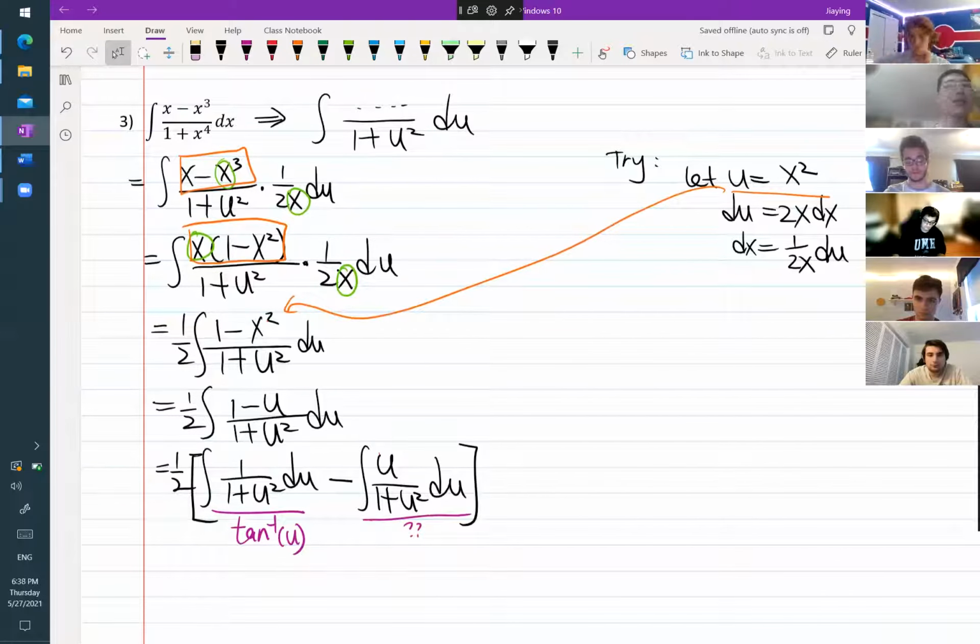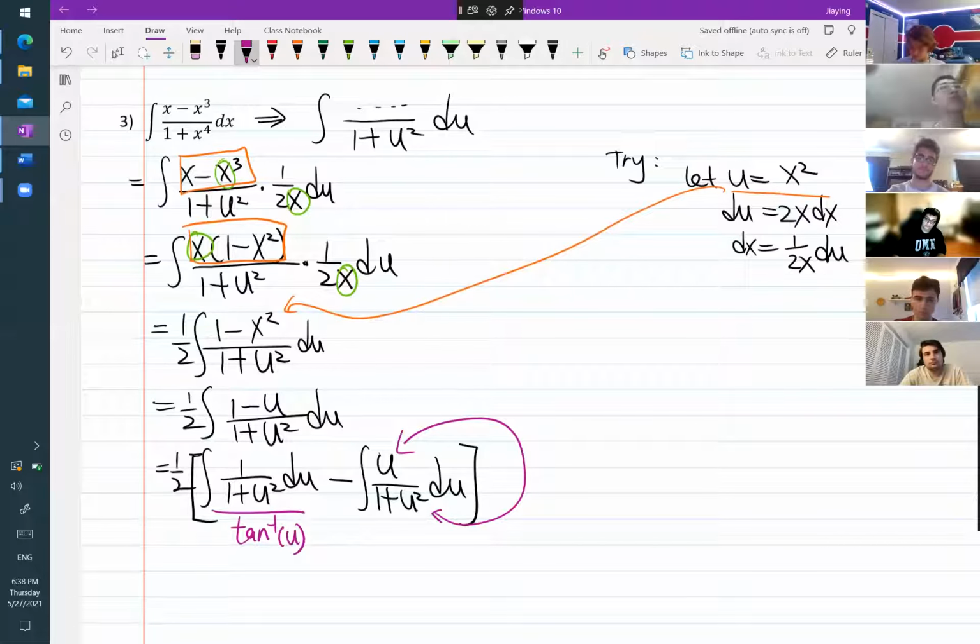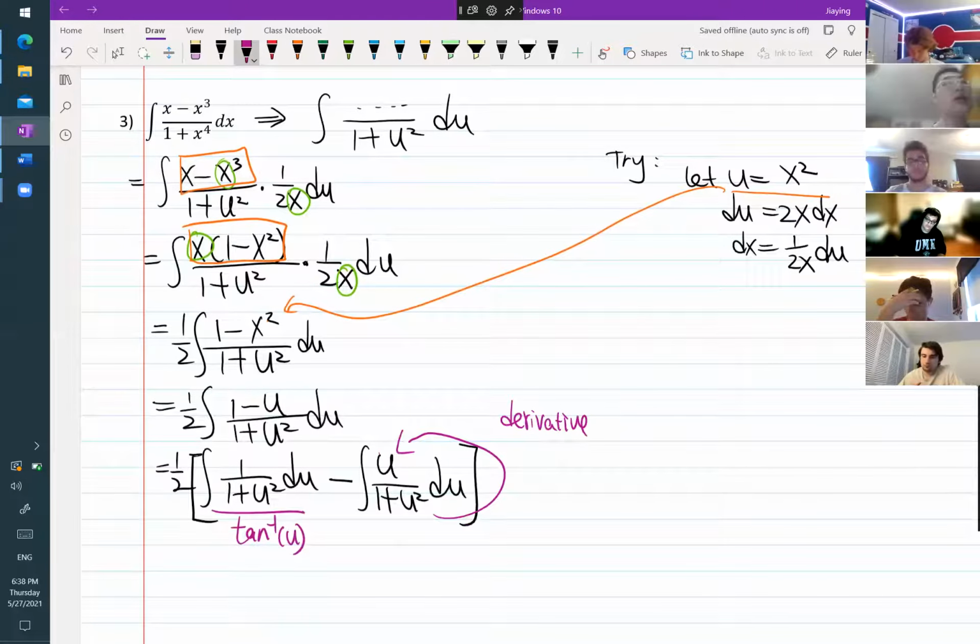So from here, we just have to use substitution again. Because if you look at it, the u in the numerator is sort of the derivative of the u squared, right? So this is kind of the derivative of the denominator. So we're going to use substitution again for this part.